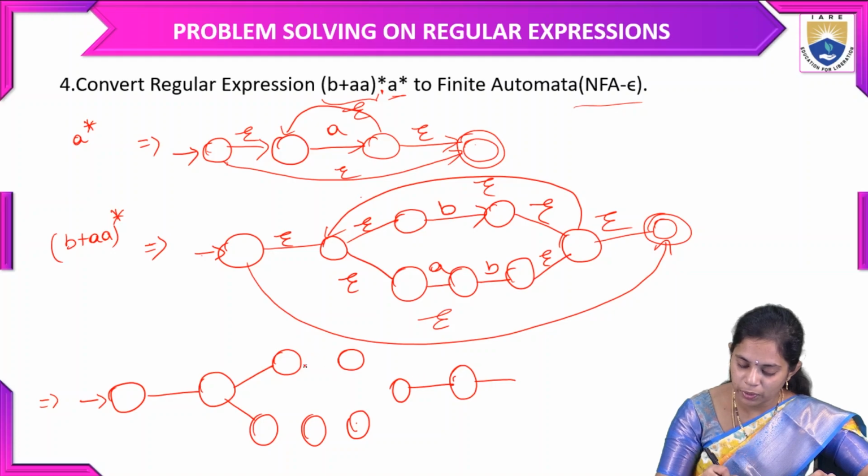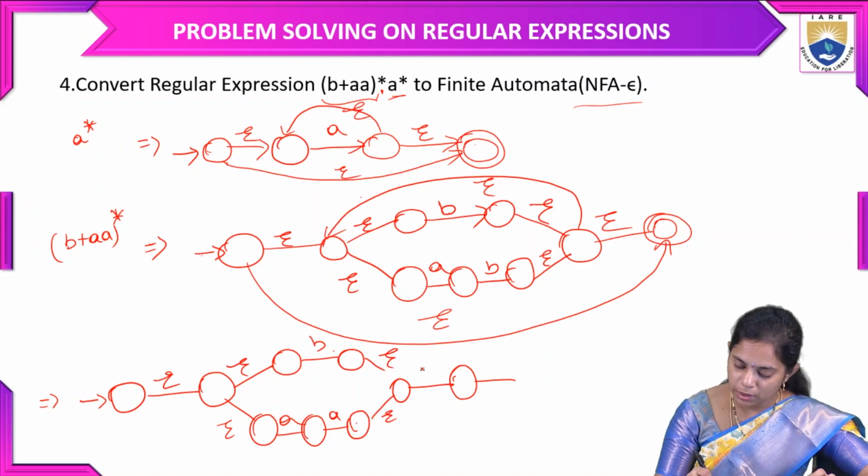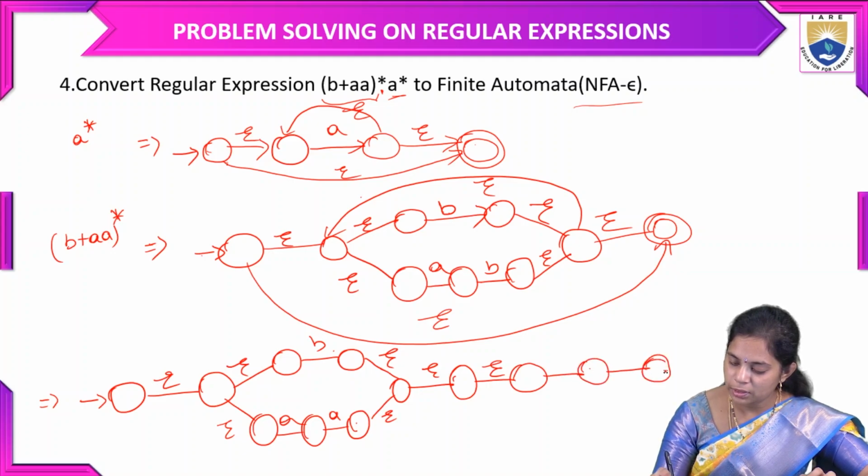Because A we need to enter. So this is the B, and this is A, and these are all the epsilon symbols. So epsilon symbols, and here also epsilon symbol, and here we need to start from here. So with the epsilon symbol, it is reaching the one state, and here A, and here the final state. So here A input, and here epsilon.